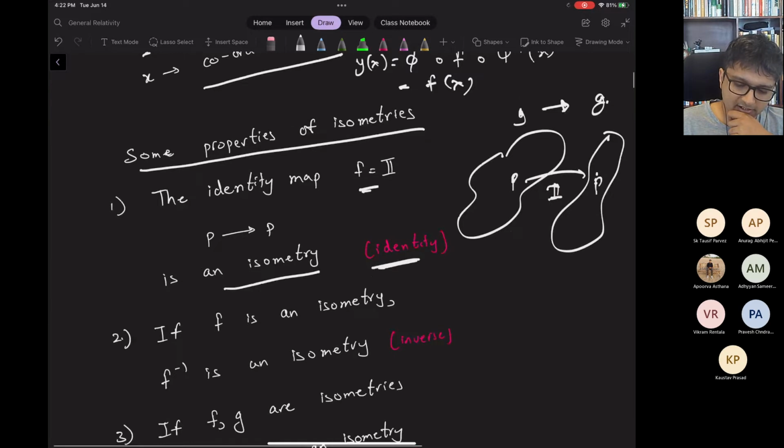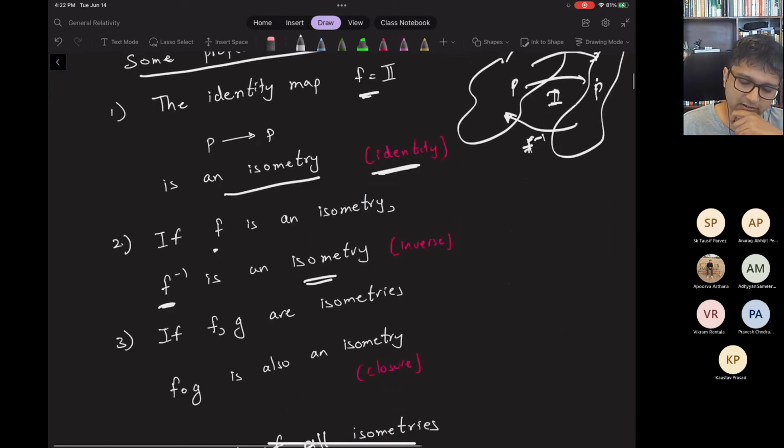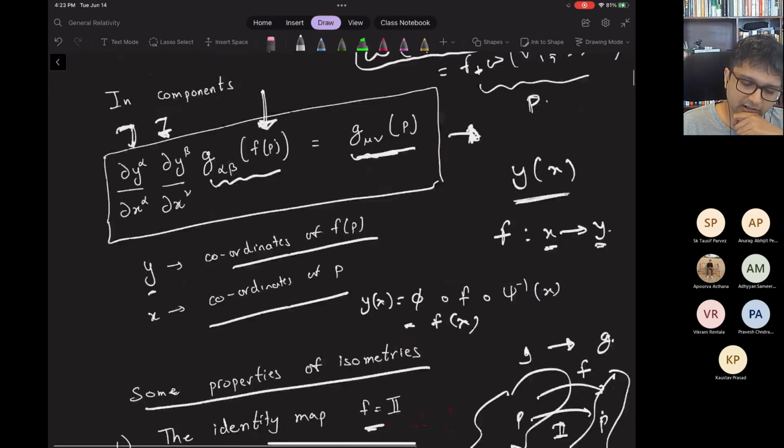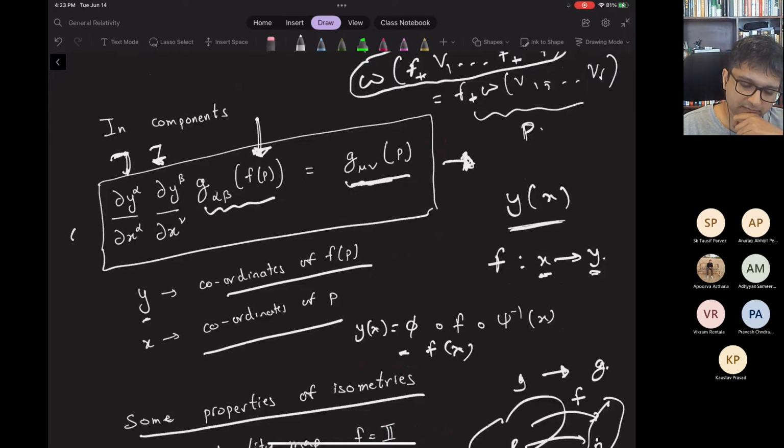The second thing is, if you have an isometry f, then f inverse will also be an isometry. You can show this quite easily with one step. I'm just not going to work it out explicitly. In components, it's quite easy to see. If the Jacobian exists and this is a diffeomorphism, then the inverse Jacobian also exists because it's a diffeomorphism.